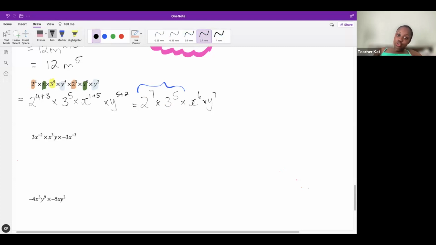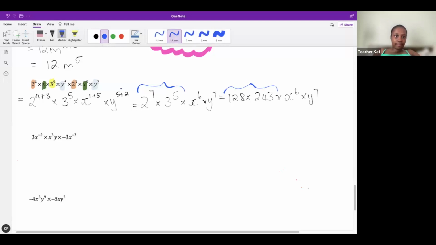So what's 2 to the power of 7? If you calculate that, how much does that give you? 128 times 3 to the power of 5. 3 to the power of 5 gives you 243. Okay, and then I'm going to write times x to the power of 6 times y to the power of 7.